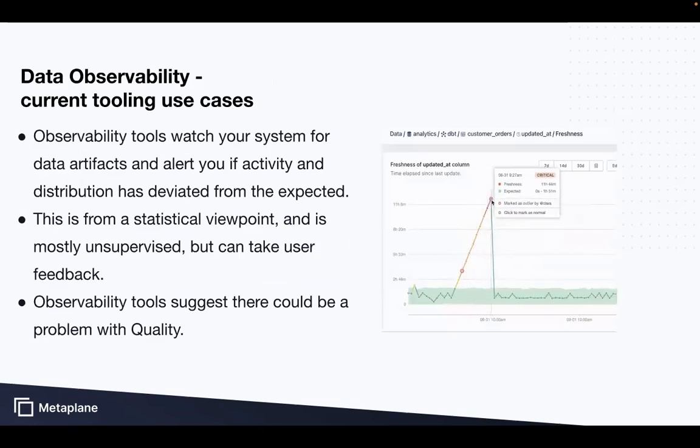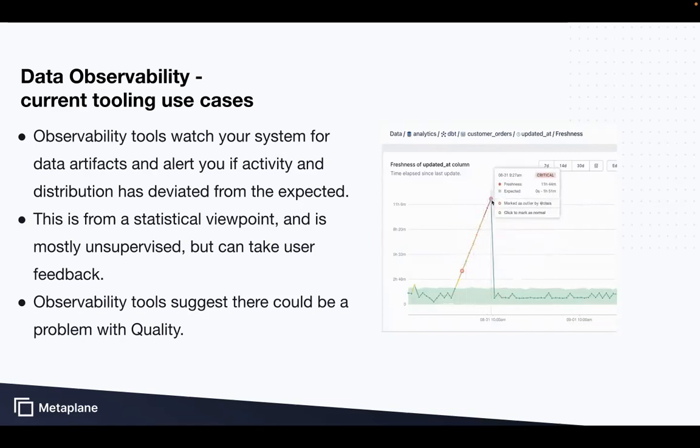So what does data observability do? What are the typical use cases? Data observability tools watch your system for data artifacts and metadata and alert you if something has deviated from what's expected. And this is very much from a statistical viewpoint. It's not as you've asserted that it should be. This is different to how it has been in the past.